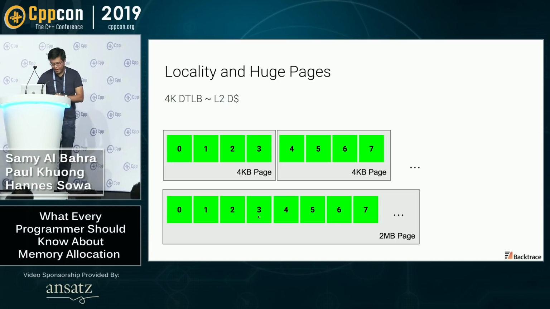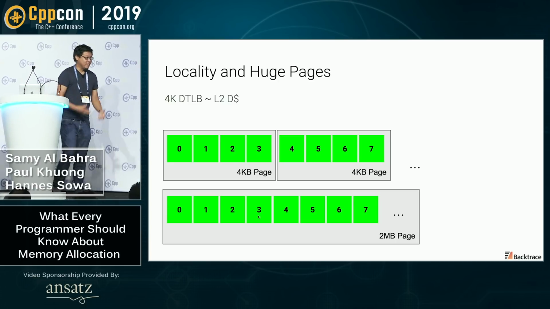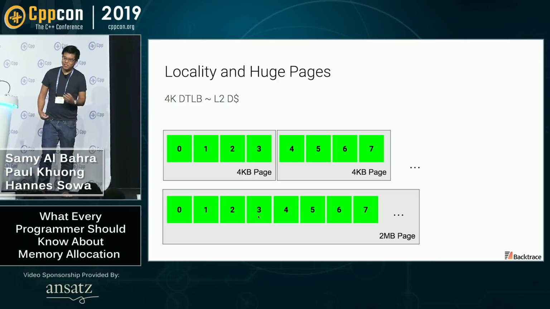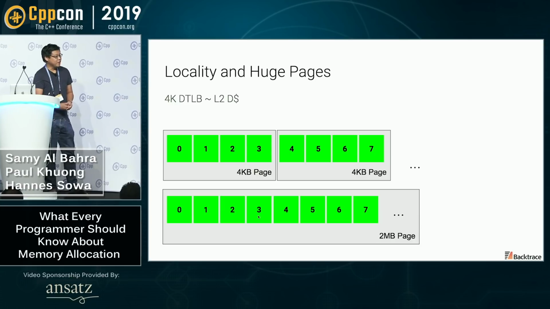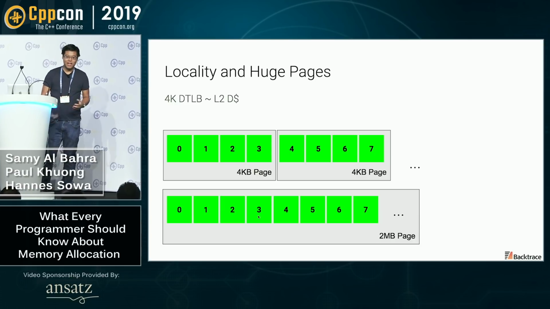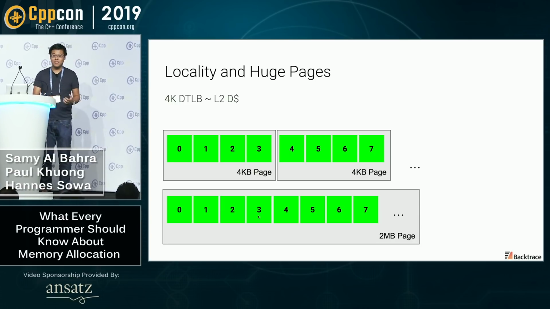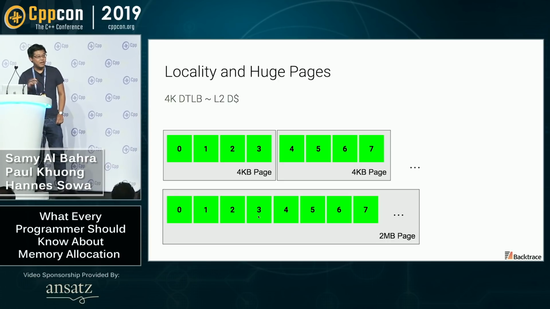I've already mentioned the TLB a couple of times. The TLB is this cache that lets hardware translate virtual addresses to physical addresses more quickly. And the thing you notice when you look at current chips is that the size of your level 1 TLB, the fastest level of that cache, can cover, in the best case, roughly about the same amount of memory as your level 2 data cache.